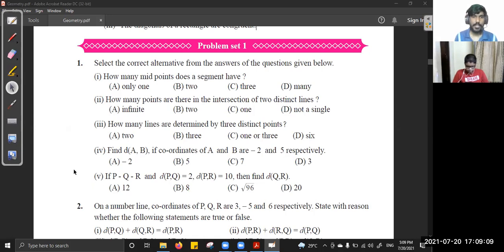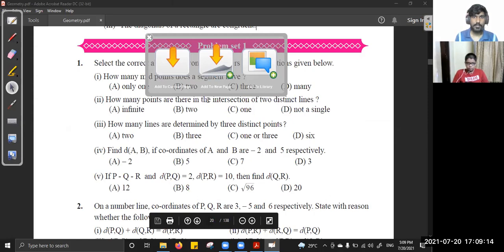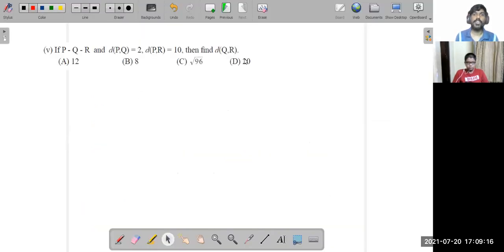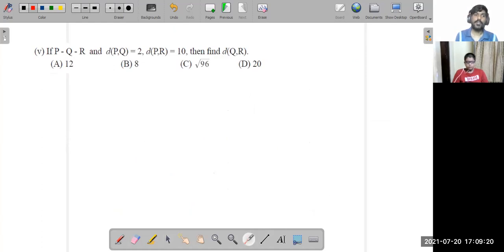Fifth one. If P-Q-R, that means Q is between P and R. Distance PQ is 2. Distance PR is 10. Okay, I'll draw it for you.